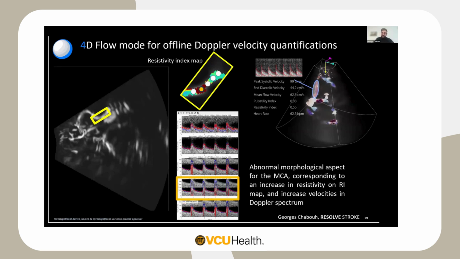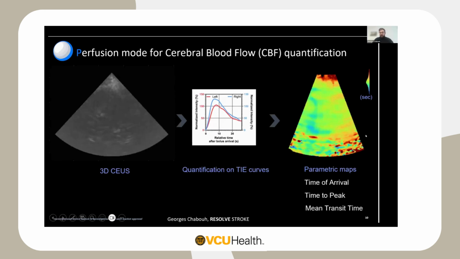And the third mode, and the most important one, is what I said before, the perfusion. So once you inject those microbubbles, the contrast agents, you can actually start to see the enhancement only in the large arteries, as you can see here on the MCA, for instance, and then slowly those microbubbles will travel up to the arterioles and then the capillary beds and then give a perfusion in the whole tissue.